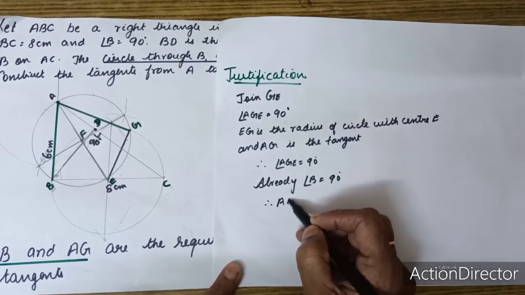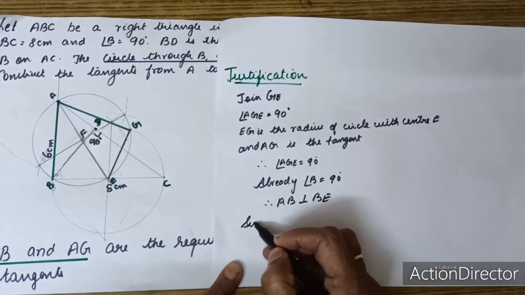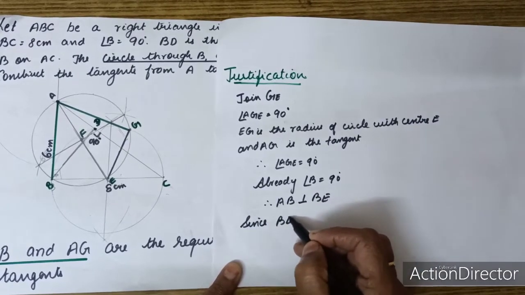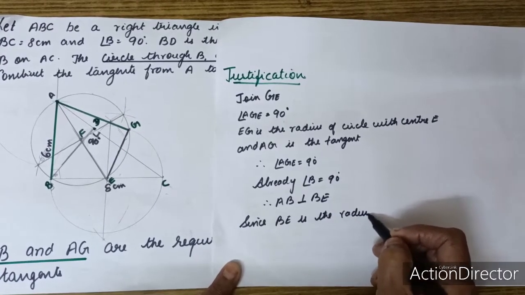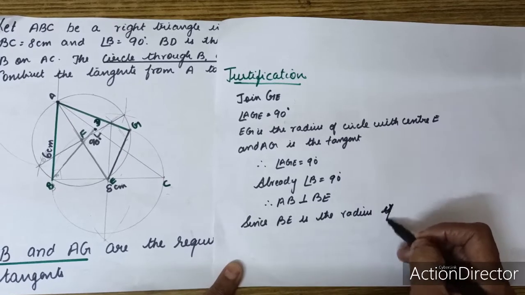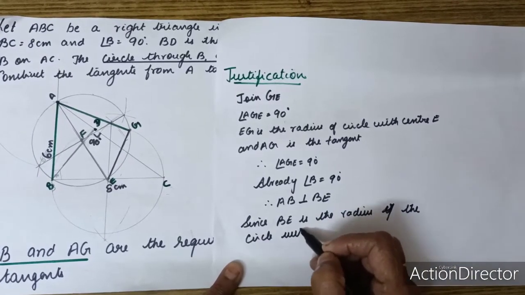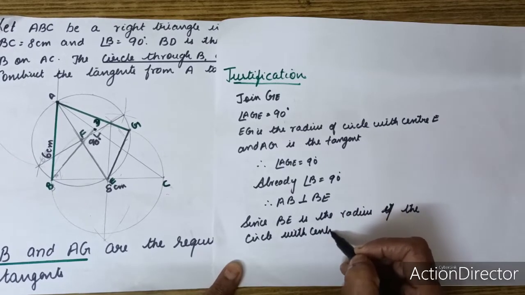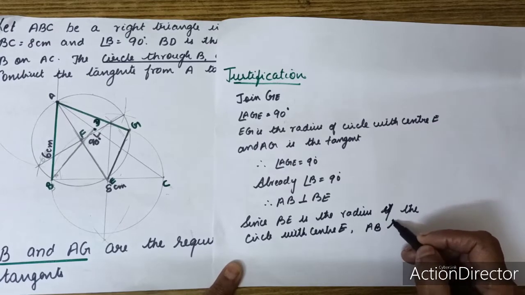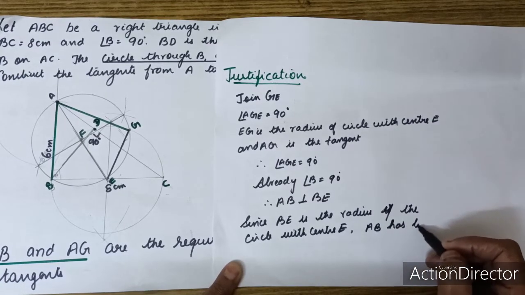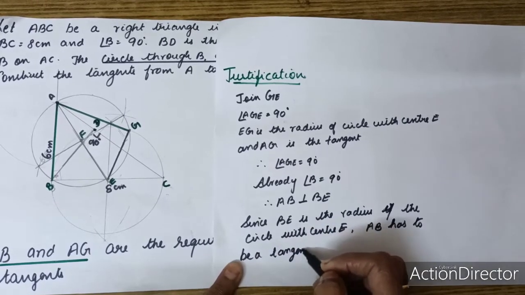Therefore, AB is perpendicular to BE also. Since BE is the radius of the circle with center E, AB has to be a tangent of the circle.